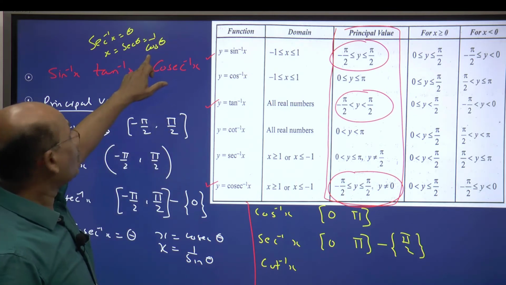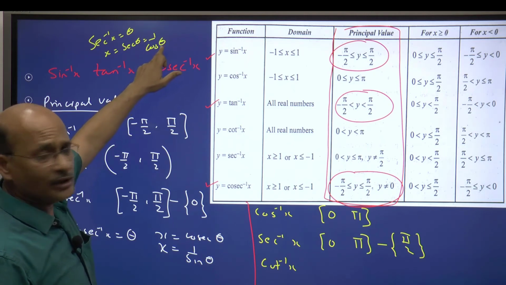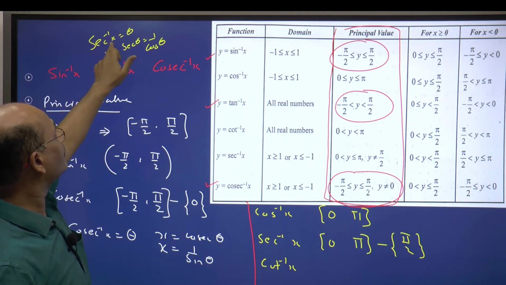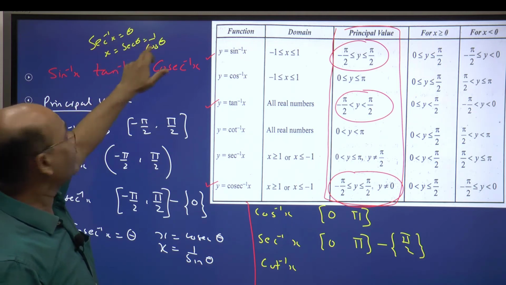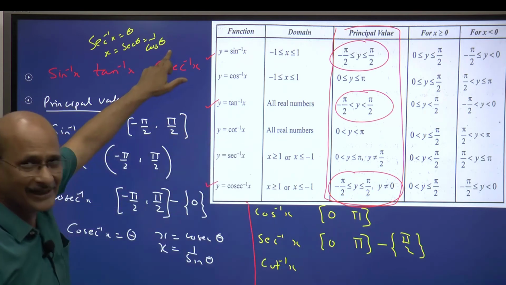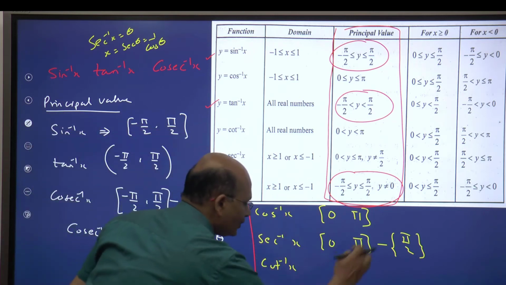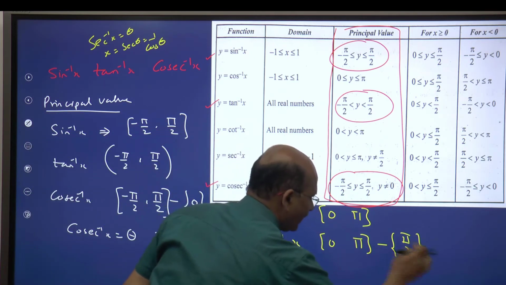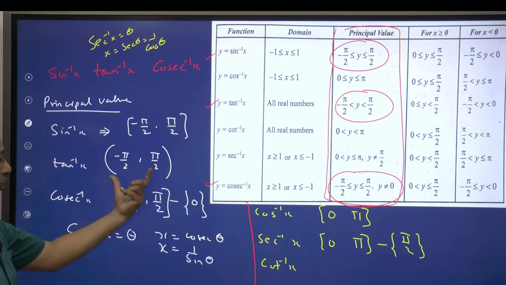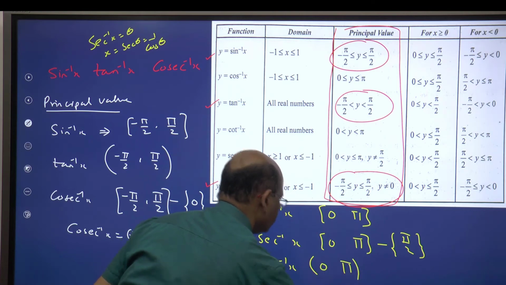Now if theta is 90, cos 90 is 0, so 1 upon 0 is not defined. Sec inverse 0 is not defined, that is, theta cannot be 90. So from 0 to pi I have to remove this pi by 2. And for cot inverse x, as you did for tan open interval, similarly here also open interval 0 to pi.